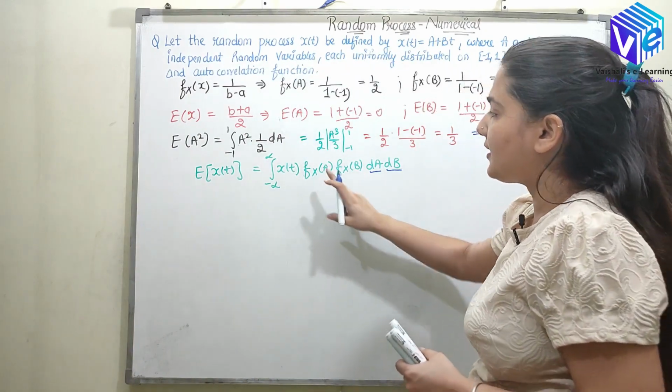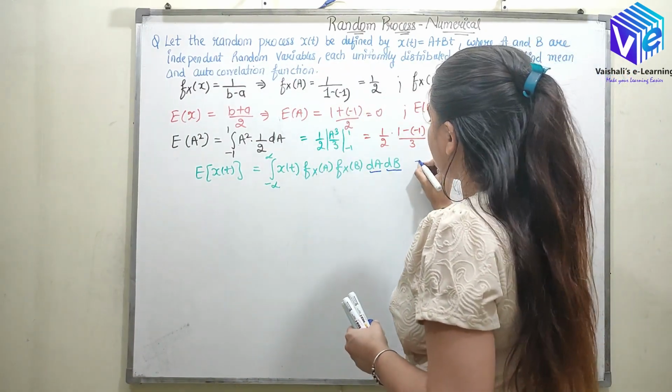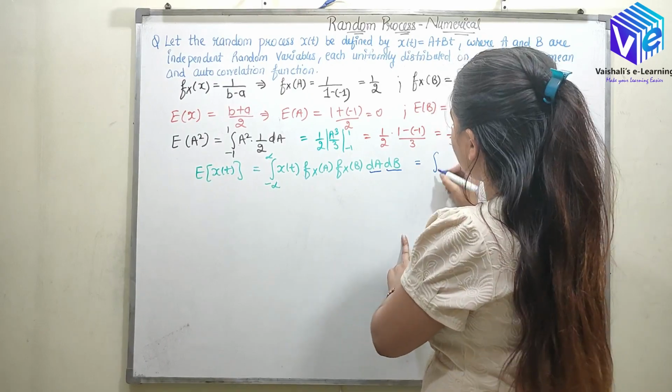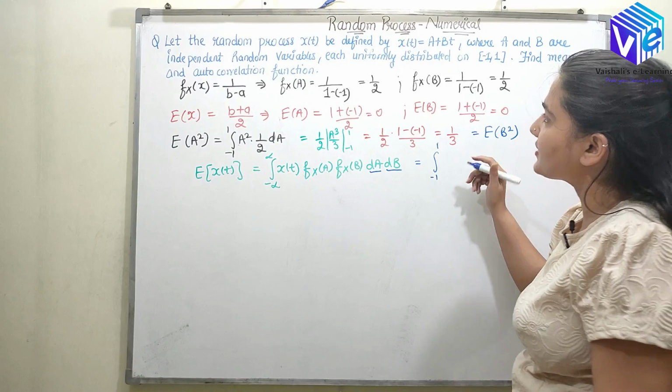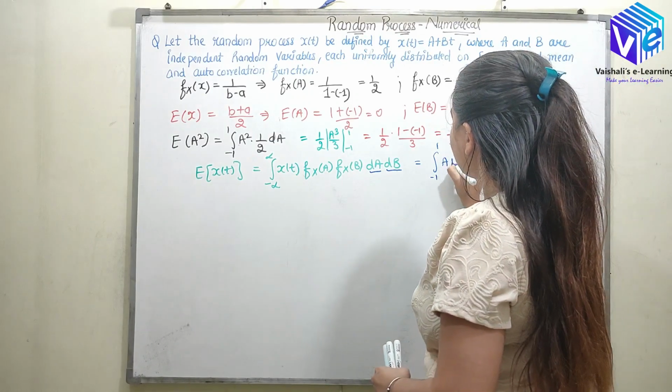Now we put in the value of X(t). It is defined only for the interval -1 to 1, so first I'll change the limits. X(t) was A + Bt.